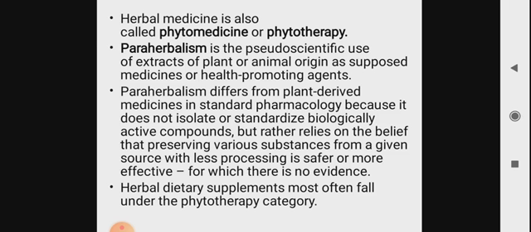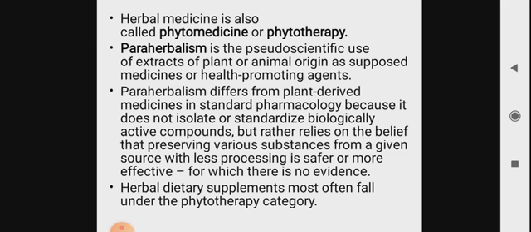There is no clinical trial like modern medicine or synthetic agents. They just preserve or use as per the ethnomedicinal claim or the information available in old books and treatises. There is no clinical evidence.